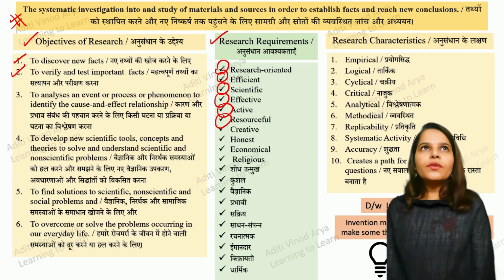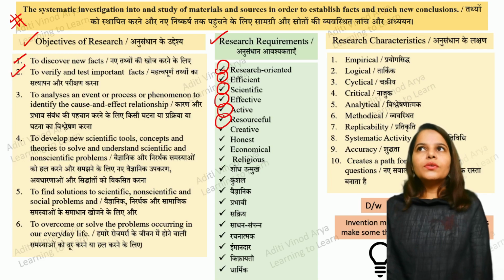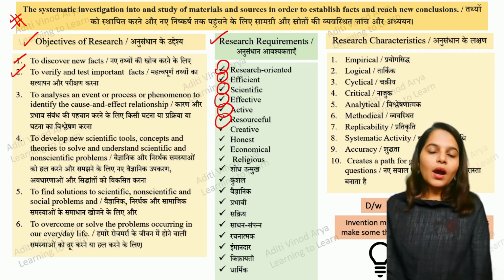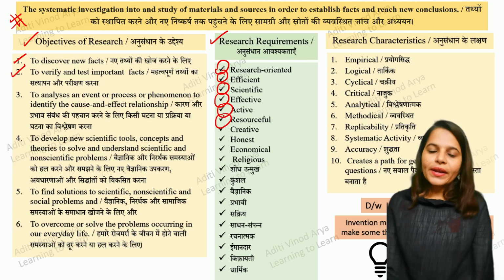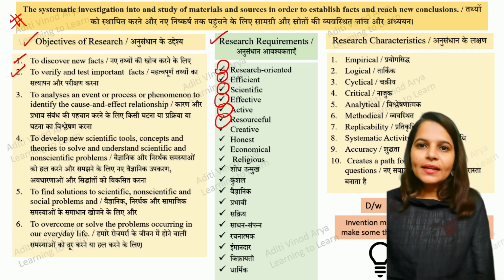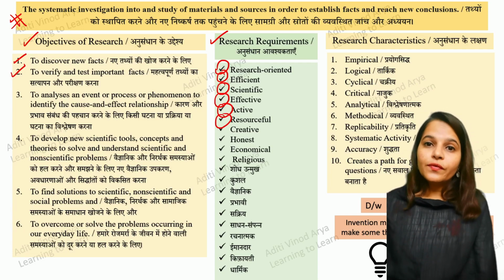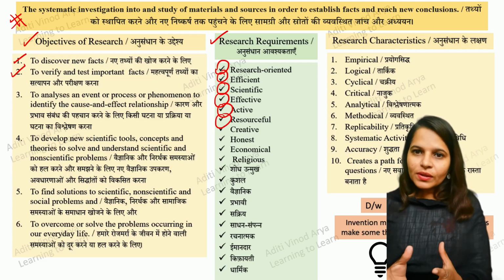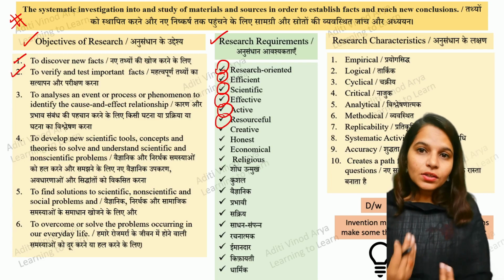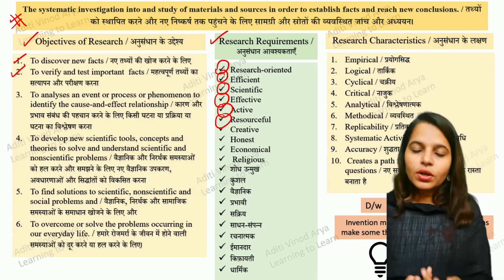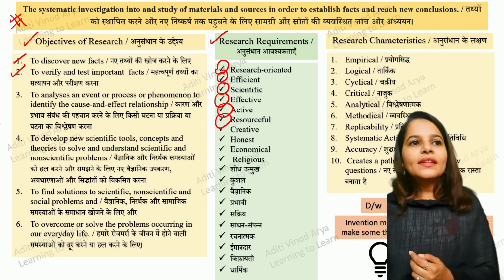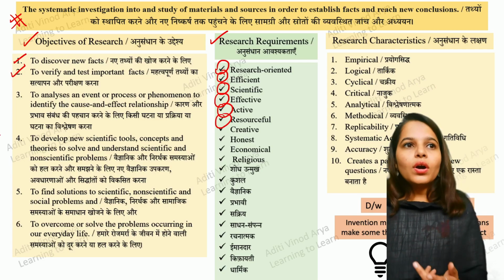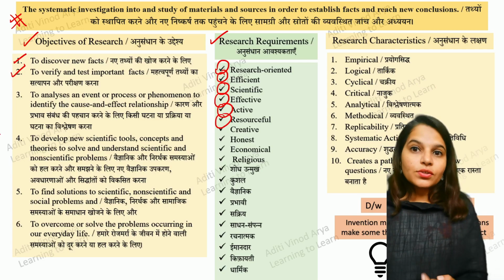If you are very much aware of how to do the research, how to find out, how to do the data analysis, you'll be able to differentiate between the myth and the fact. So to differentiate between them and to verify the current knowledge, whether what you know is true or not, you can do a simple research. So that is the second one, to verify or to test the important facts or the knowledge.